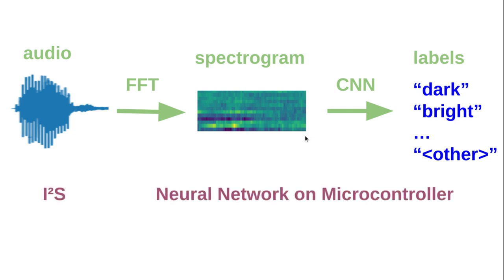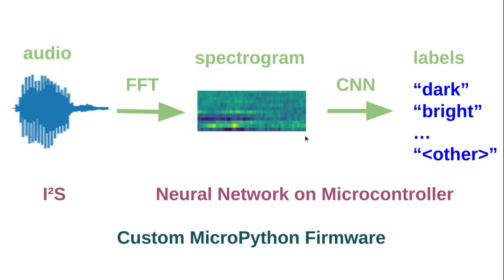So how can we make that work on ESP32? For the extract audio signal part, I use a module called I2S, and for converting the audio signal into a spectrogram and feeding that into the CNN to run it through the neural network, I use a library called neural network on microcontroller.